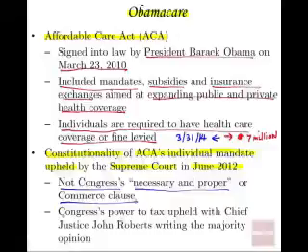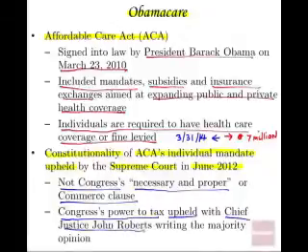But Congress's power to tax was actually upheld, with Chief Justice John Roberts, who aligned with the liberals on the court, basically writing the majority opinion saying that the government had the ability to issue an individual mandate because the alternative was not a penalty, but rather a tax.